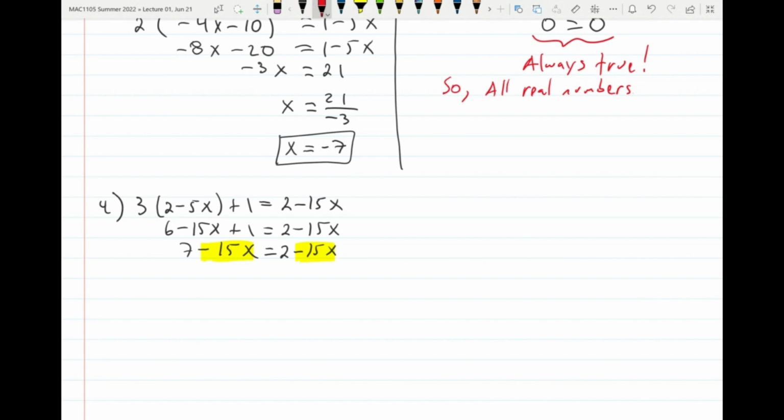That means they cancel each other. When you move the negative 15x over here, it becomes positive, and you cancel it. So the x's are gone, but now we are left with the statement 7 equals 2. This doesn't make sense. So this is false. This is what we call a contradiction. So what this means is that there is no solution. There is no x that you can put here that will make this a true statement.